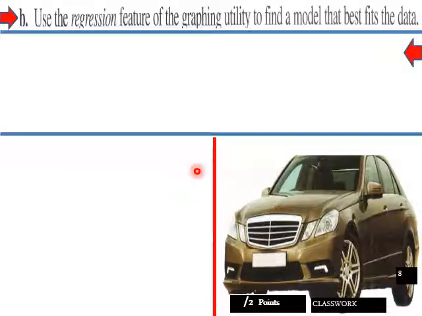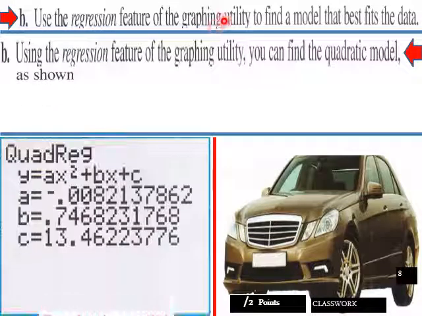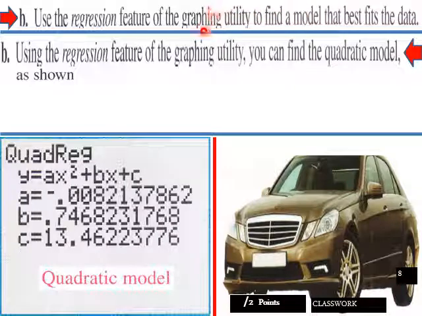B, use the regression feature of the graphing utility to find a model that best fits the data. So we use a regression feature, and this is what we came up with: ax squared plus bx plus c, and then we have a negative 0.00821, then b, and then c.